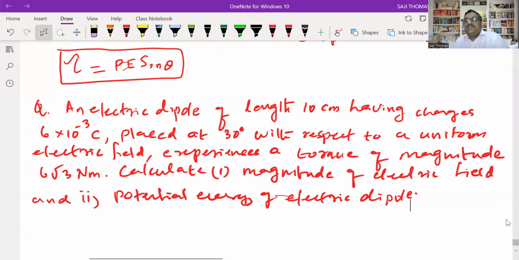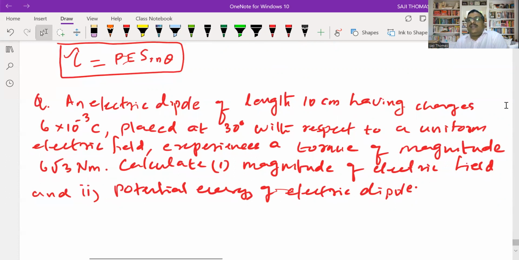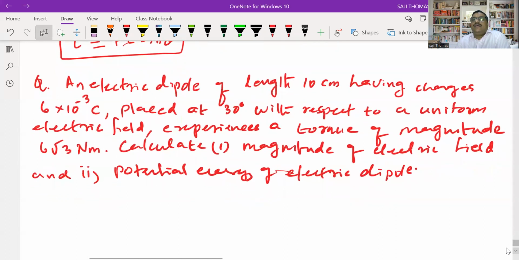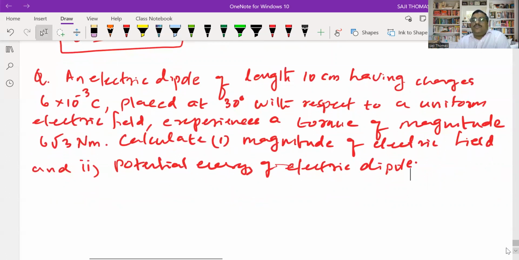So students, first you have to read the question, understand it, and write the given data. Okay? And you elicit the formula for it, apply the formula, calculate. These are the steps for doing the problems.